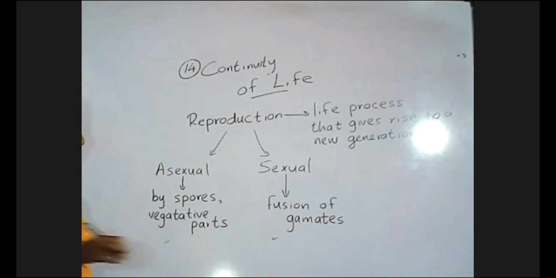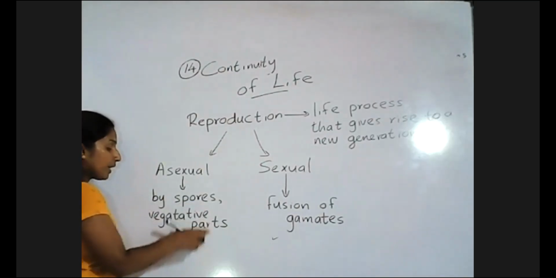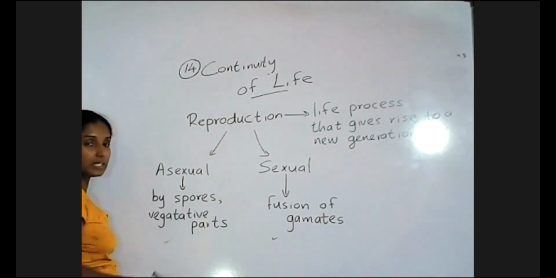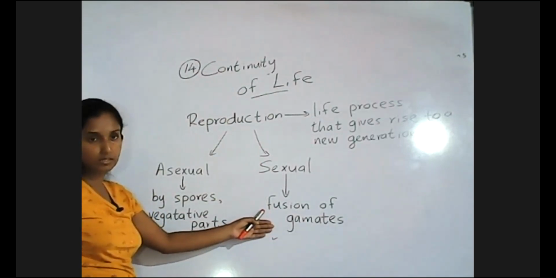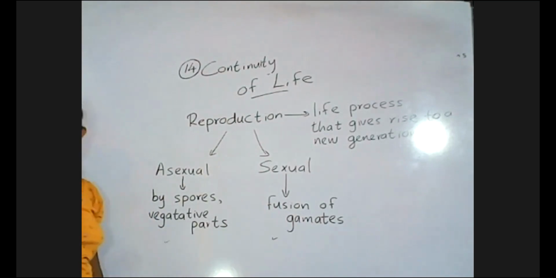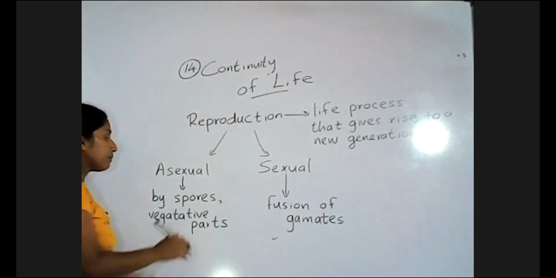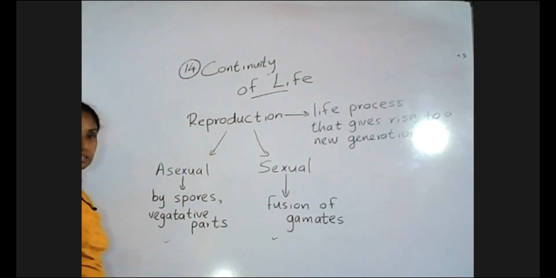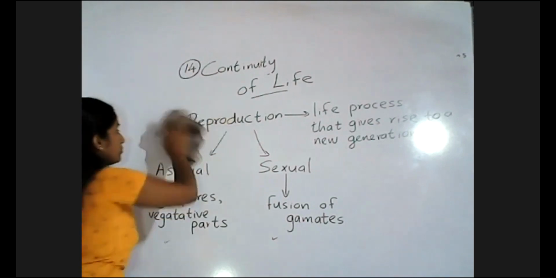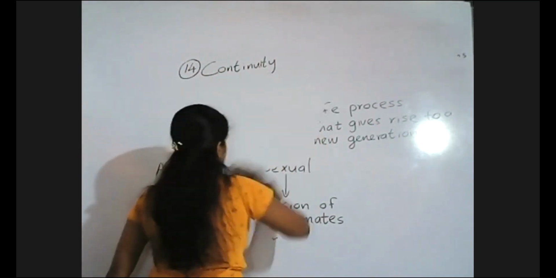So in asexual reproduction the new variations are not formed, but in sexual reproduction, variations occur. Like that, we can make a comparison between the asexual reproduction and sexual reproduction. Then we will move to the plant reproduction.